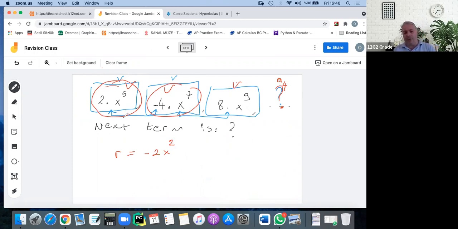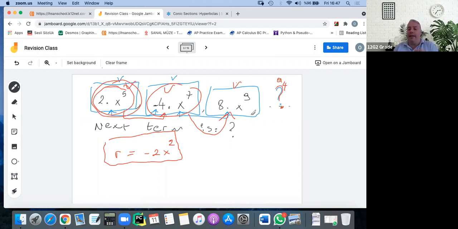To go from the first term to the second term, I am multiplying the first term by r. When I multiply 2x to the 5 times -2x to the 2, I will get -4x to the 7. To go from the second term to the third term, I am multiplying the second term by r. So -2 times -4 is 8. x to the 2 times x to the 7 is x to the 9.